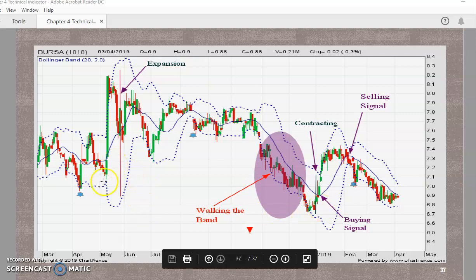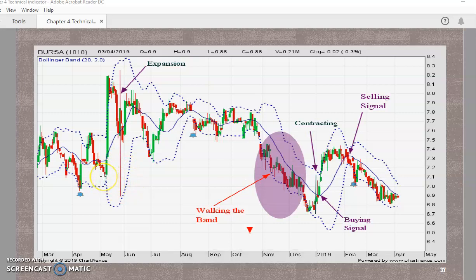The third one, we can see that whenever the price crosses above the middle line, which is the simple moving average line, we consider this a buying signal. If you remember, in the simple moving average, whenever the price crosses above the moving average, it indicates a buying signal.